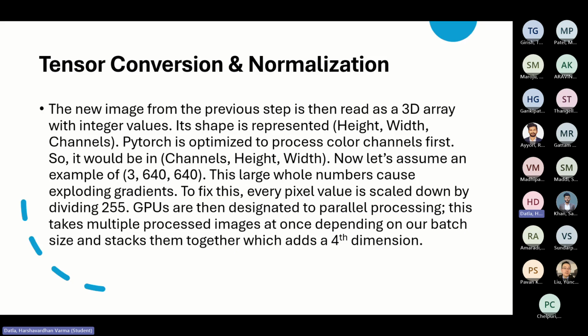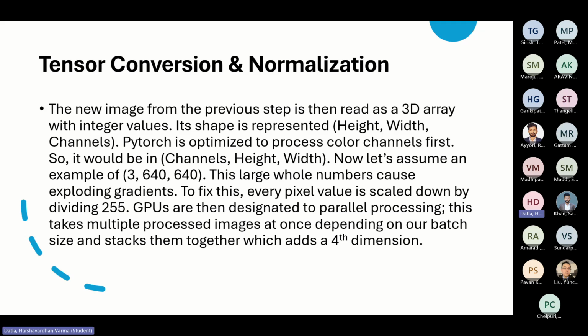PyTorch is optimized to process color channels first, so it would be in the order of channels, height, and width. Now let's assume an example of 3, 640, and 640. These large whole numbers would cause exploding gradient problems when the neural network processes this particular 3D array. So in order to fix this, every pixel value is scaled down by dividing by 255.